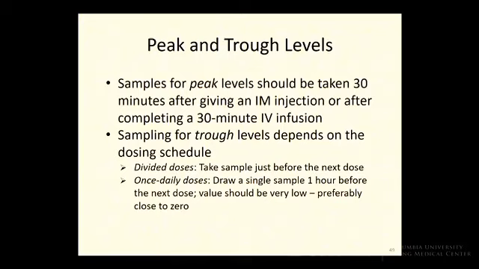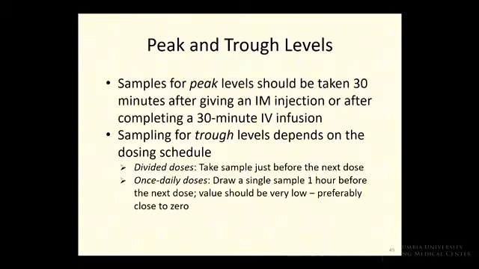Now, the reason why we do this peak and trough is obviously because this is a toxic drug, but also these aminoglycosides, their pharmacokinetics can actually vary from person to person.